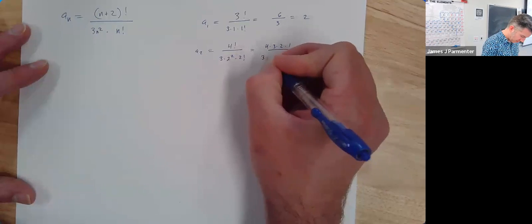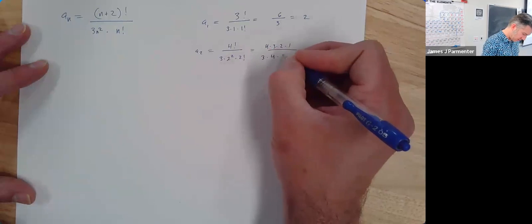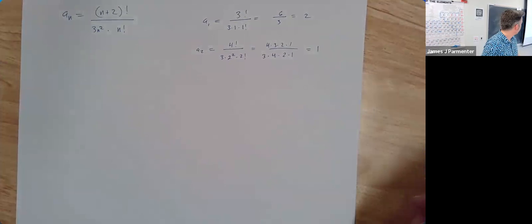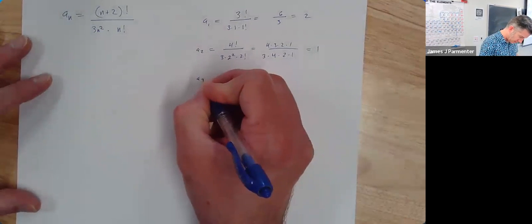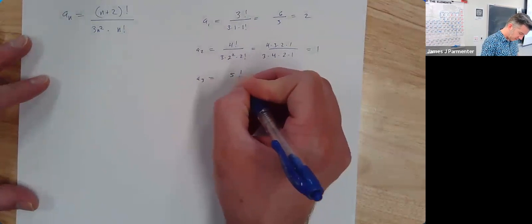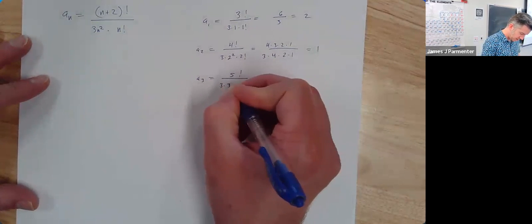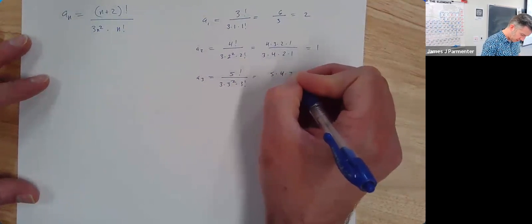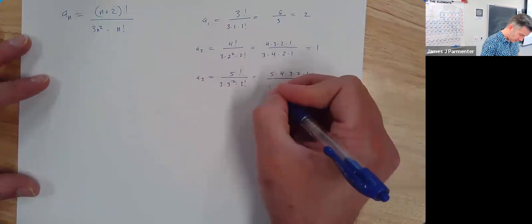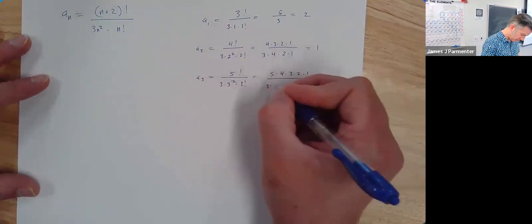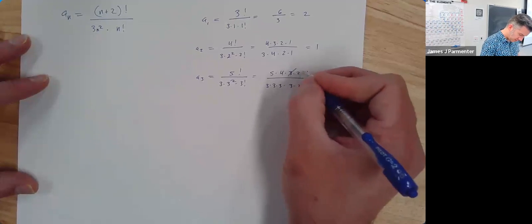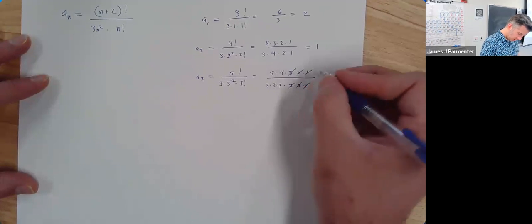And on the bottom I have 3 times 4 times 2 factorial, which is 2 times 1. Those actually happen to be the same, so that's 1. Okay, let's look at A3. A3 is going to be 5 factorial over 3 times 3 squared times 3 factorial, which is 5 times 4 times 3 times 2 times 1 over 3 times 3 times 3 times 3 times 2 times 1. Cancel a few things, and you get 20 over 27.